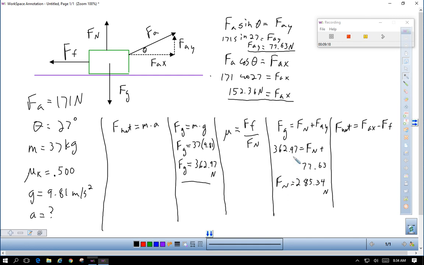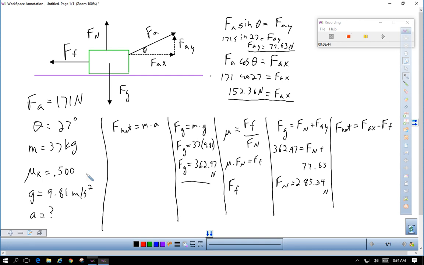All right, at this point then I say, hey, what could I do with that? Where else is Fn involved? Oh, well, right here next door. And I happen to know mu, so mu times Fn equals Ff. So I'm going to take Fn and multiply by 0.5, because mu is 0.5.